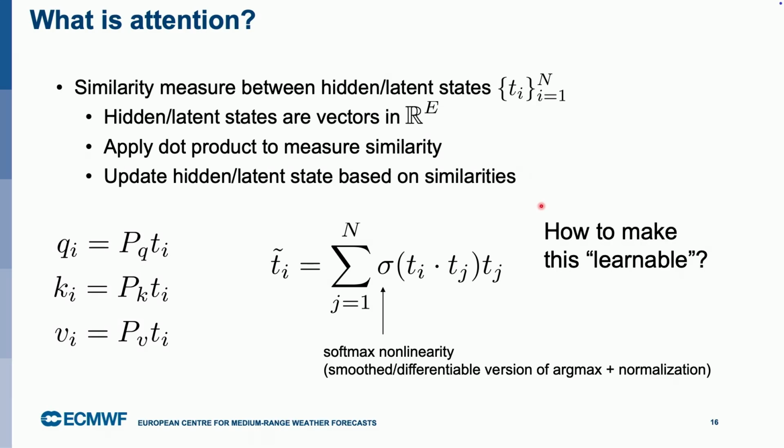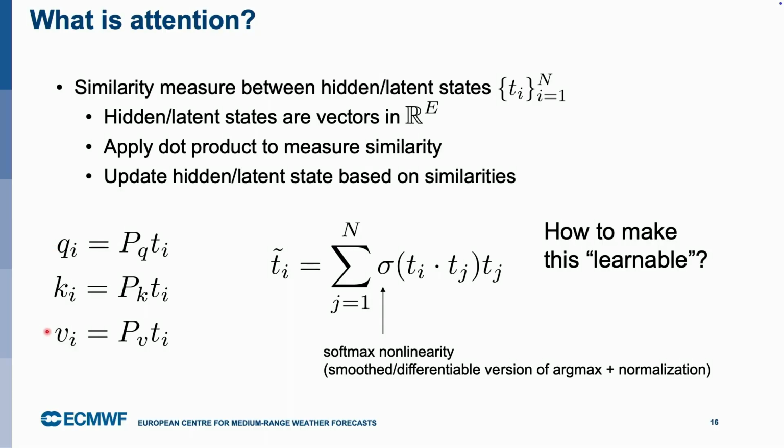So what the people in the Attention Is All You Need paper came up with is they design 3 matrices, PQ, PK, and PV. These matrices are all multiplied with the tokens, and they create query, key, and value vectors.